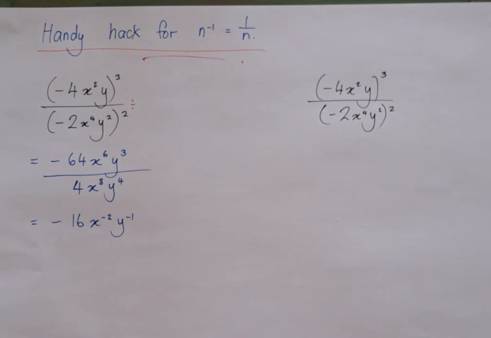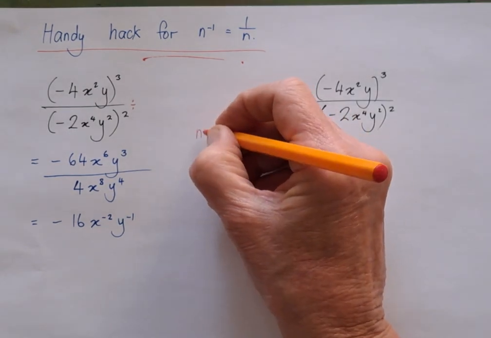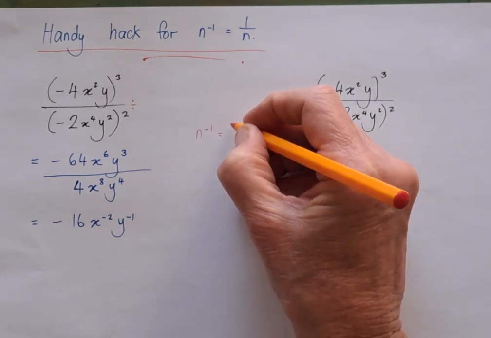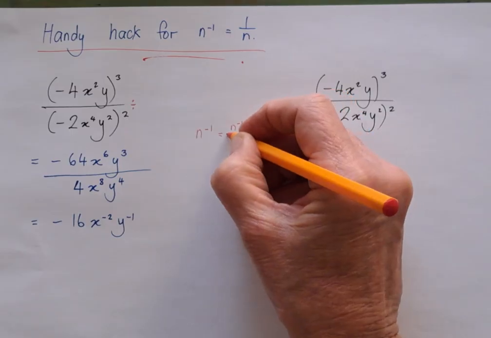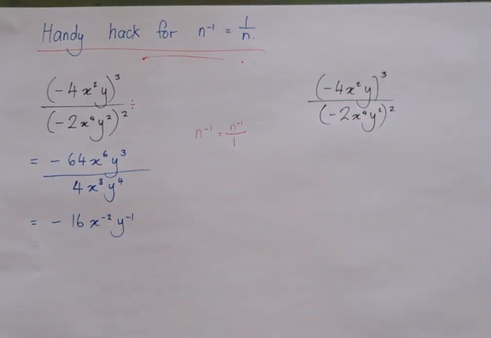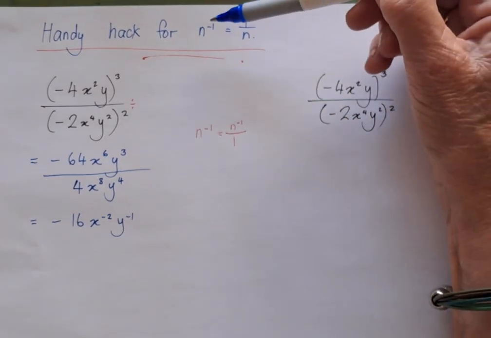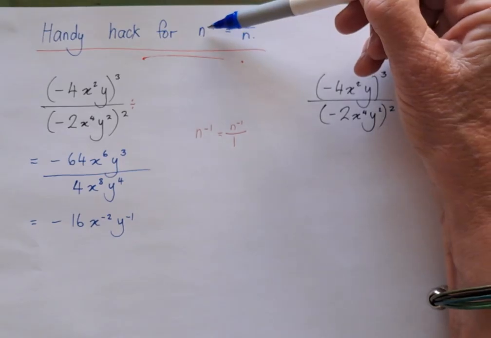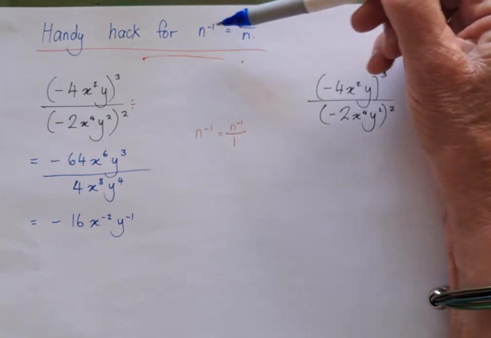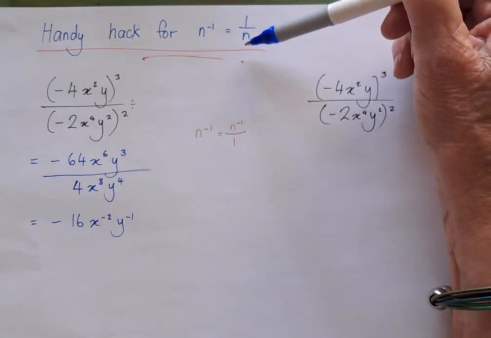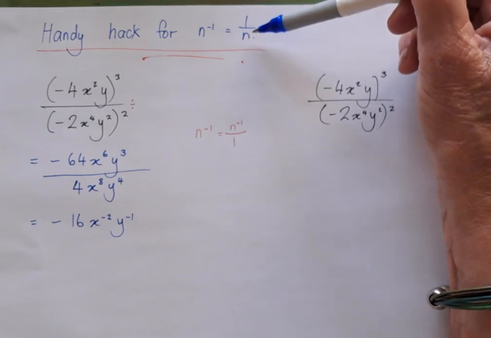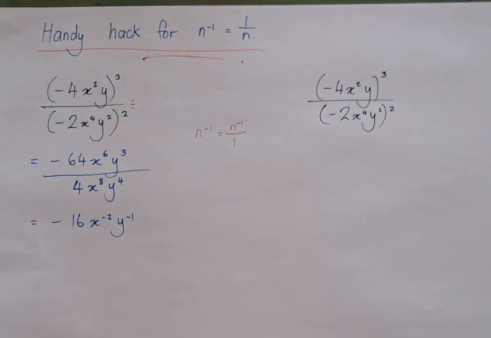If you wanted to, you could always think of n to the minus 1 as n to the minus 1 over 1, because that's what it actually means. So it's in the numerator. I then take it to the denominator, and it becomes the same thing, n, but with a positive exponent.